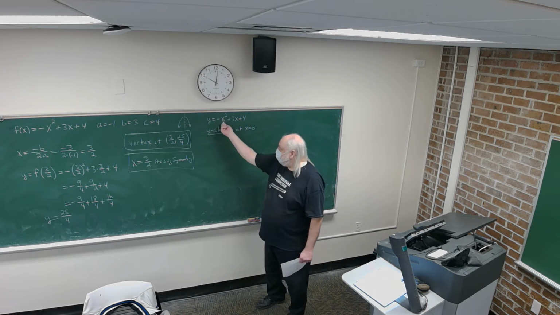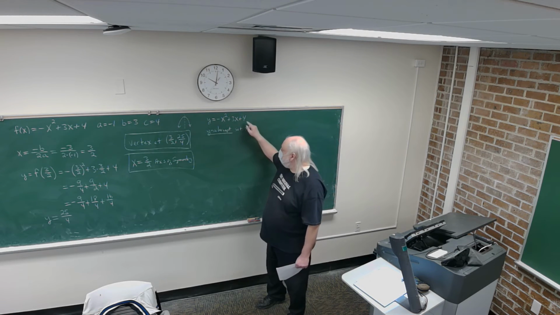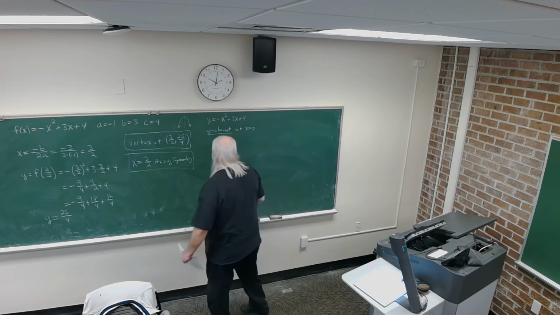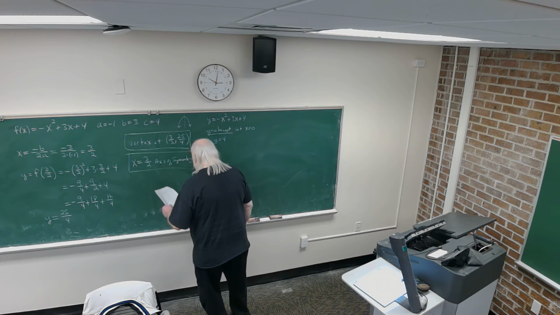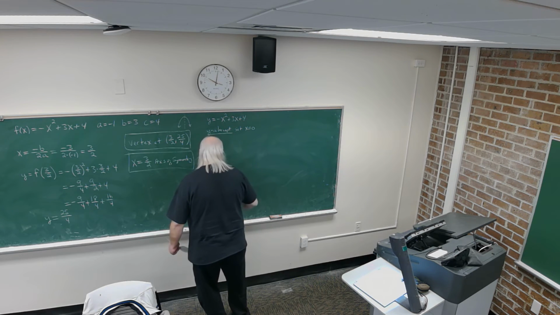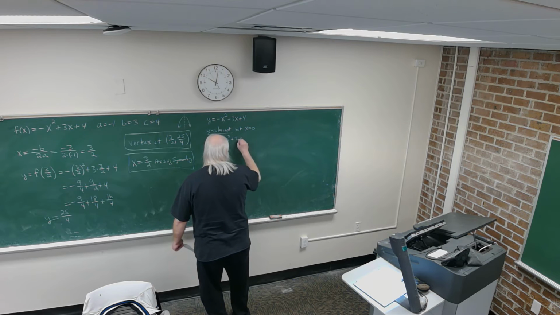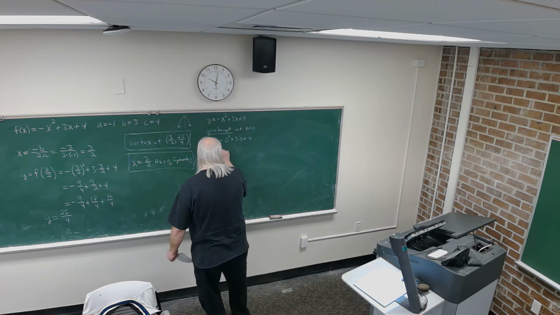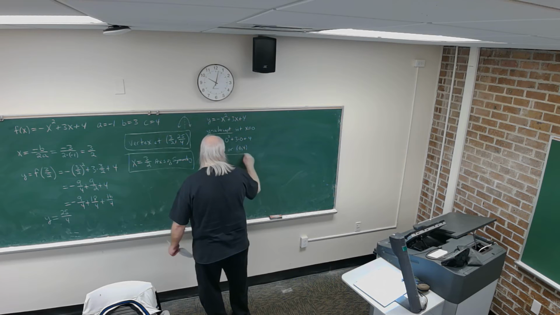You get minus 0 squared plus 3 times 0 plus 4. So the Y-intercept just ends up being equal to the constant term. So the Y-intercept is Y equals 4, or the point 0, 4.